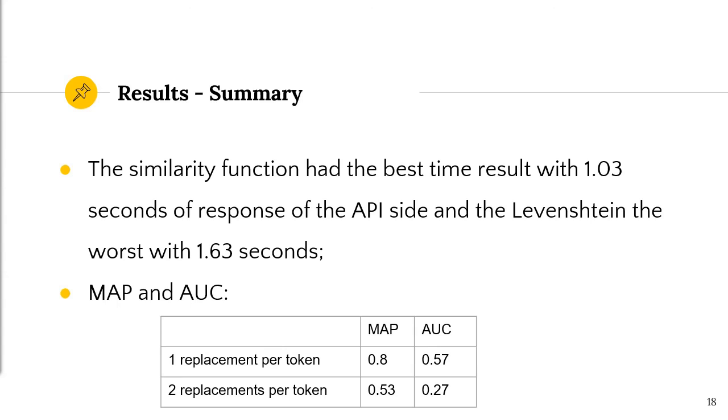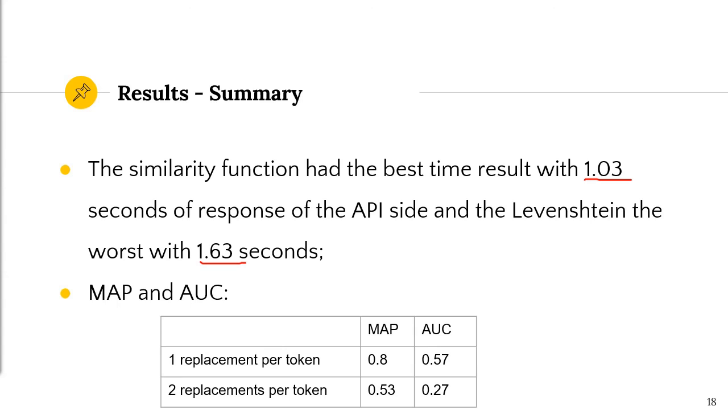The similarity function had the best time result with 1.03 seconds of response API side, and the Levenshtein the worst time with 1.63 seconds.